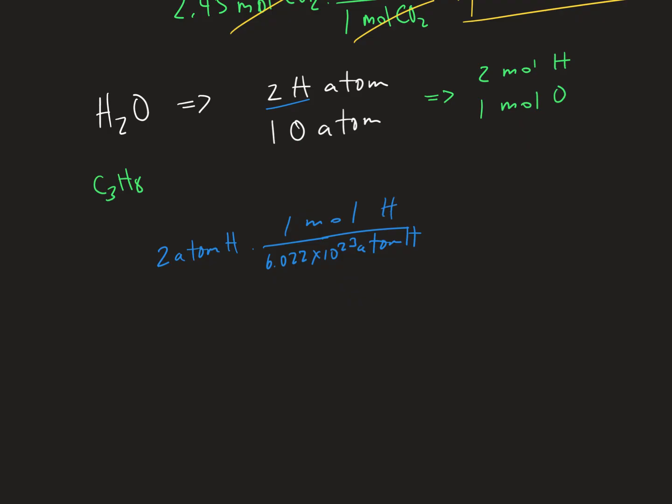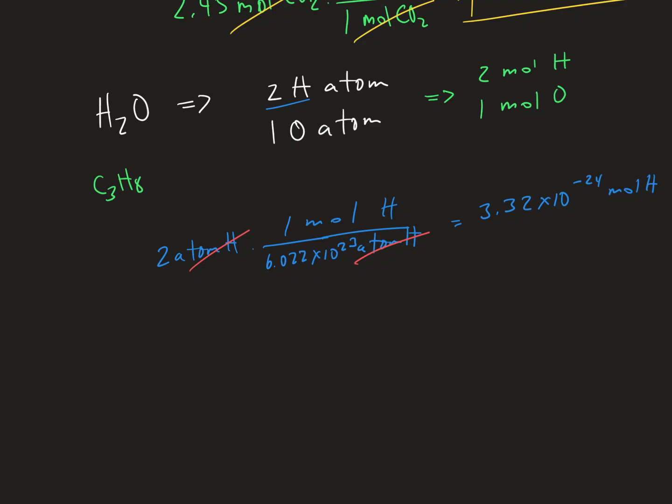This is how we convert to moles. You with me? So atoms of hydrogen go away, and we get 3.32 times 10 to the negative 24 moles of hydrogen. Yuck, right?